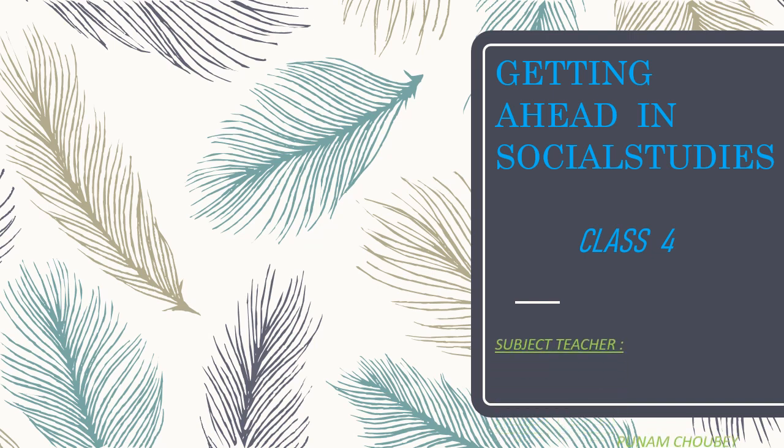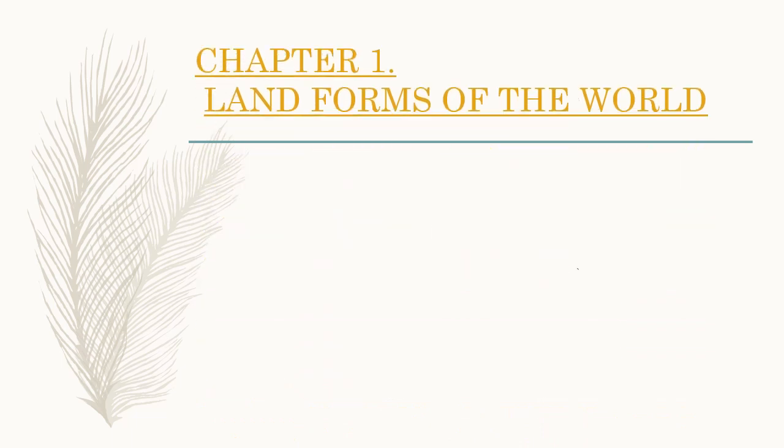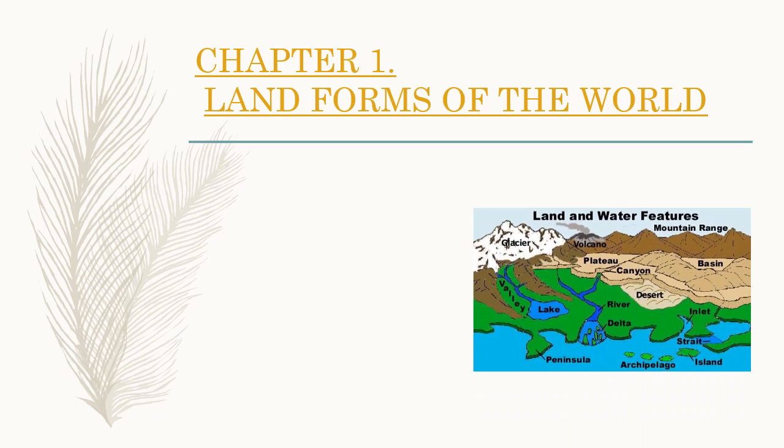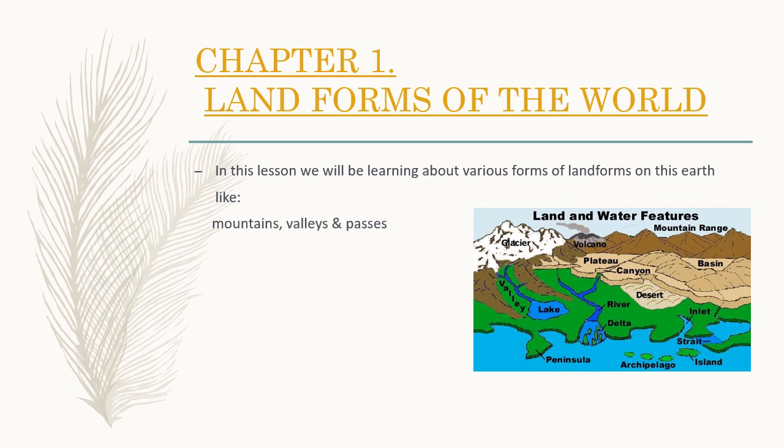The chapter is Landforms of the World, in which we will study all the major landforms of the world like mountain, valley, passes, plateaus, plains, desert, coast, peninsula, bays, and island, as well as rivers.